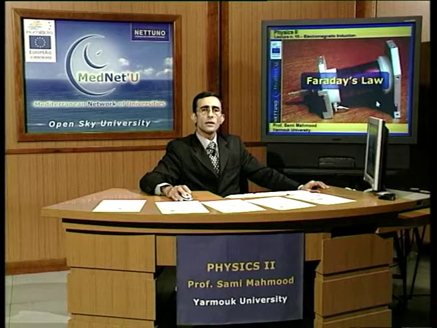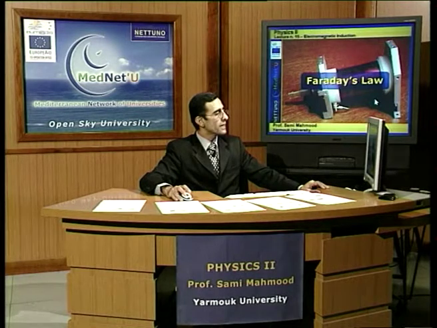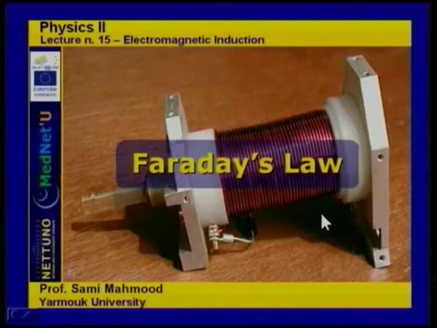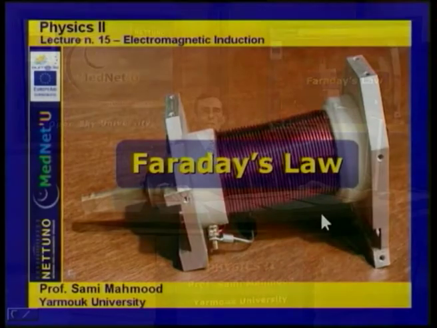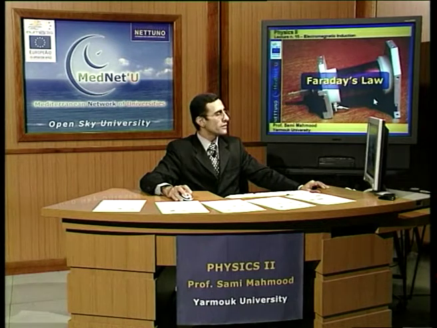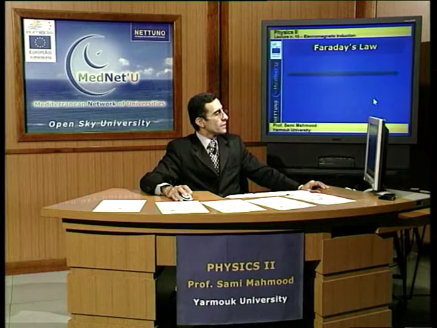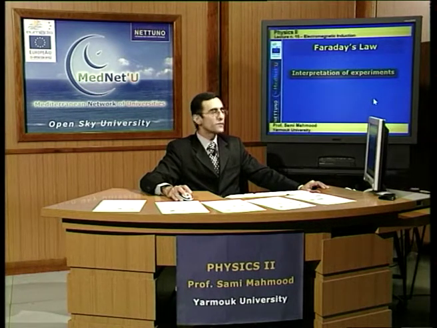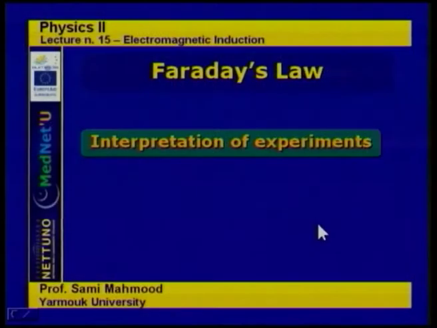and now we move to explain these experimental observations, and this leads to Faraday's law, that was a result of his novel work in this field. And this law gives an interpretation for all of these experimental observations.